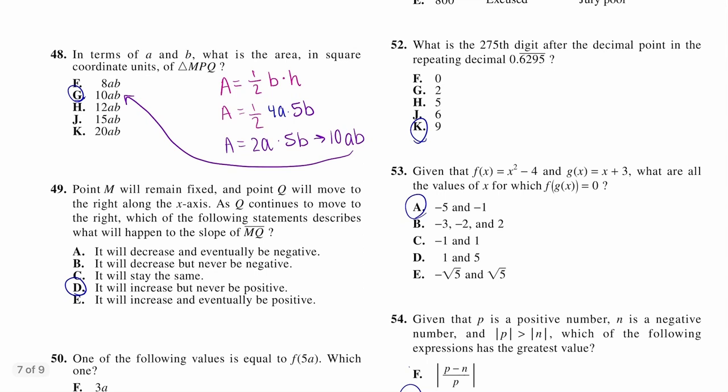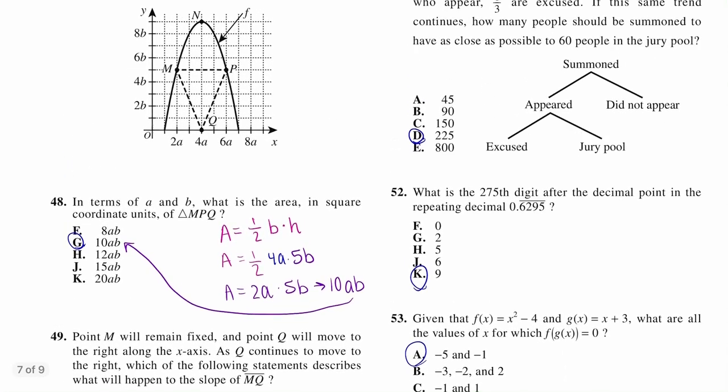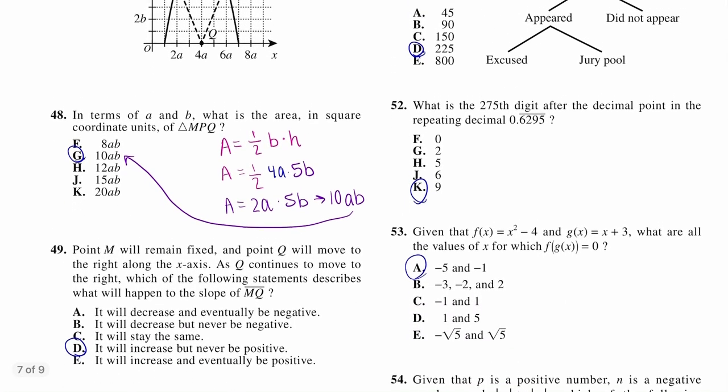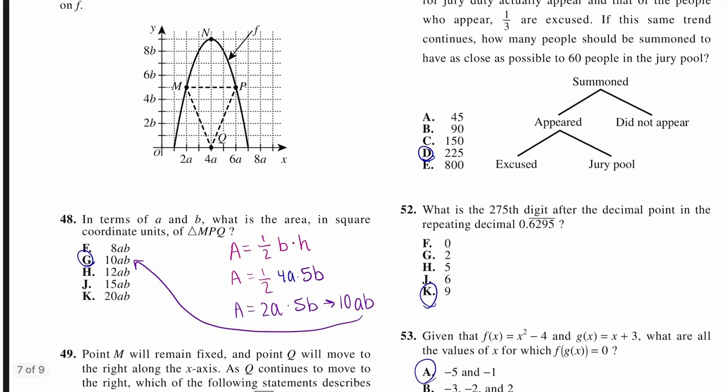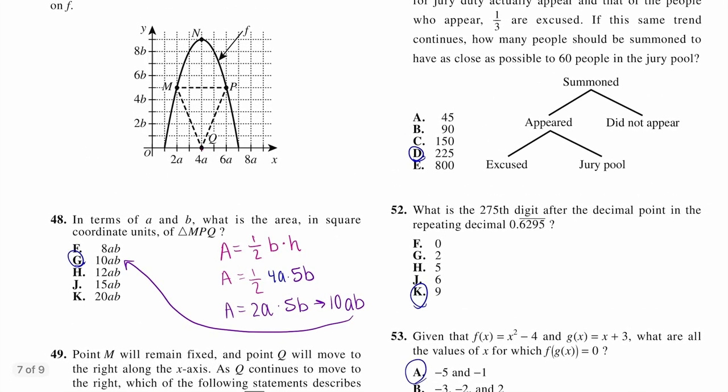49. Point M will remain fixed and point Q will move to the right along the x-axis. As Q continues to move to the right, which of the following statements describes what will happen to the slope? So let's see. If we start moving this point, I want to know what happens if we keep moving it to the right.